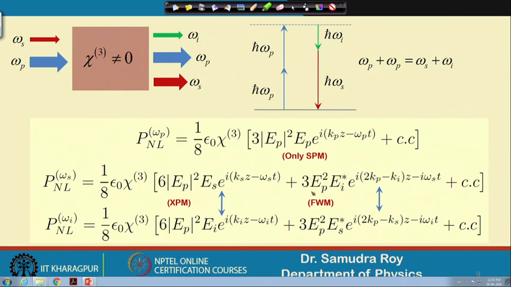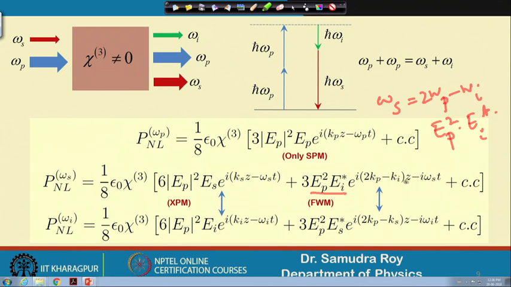So, you know that if I want to generate omega s, it will be 2 omega p minus omega i. So, my corresponding electric field will be E p square, which generates 2 omega p, multiplied by E i star. Exactly, if you look here, E p square E i star is there.